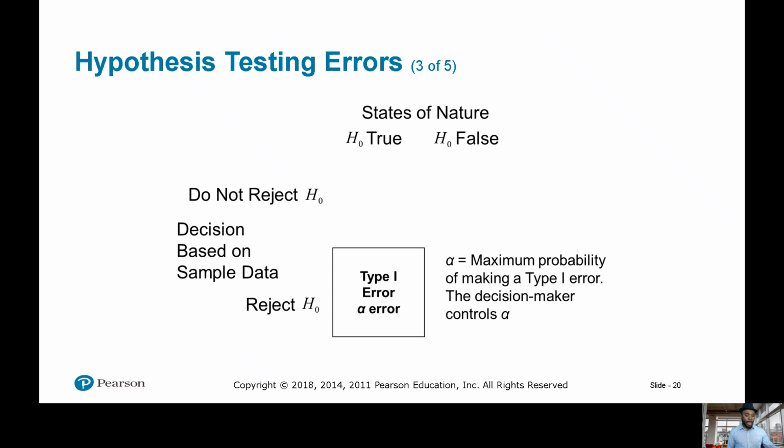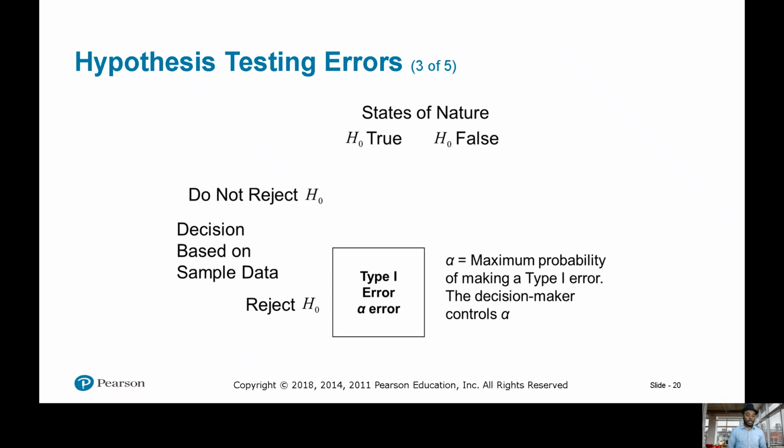For a type 1 error, we introduce alpha. Alpha is the maximum probability of making a type 1 error. So it's the amount of uncertainty that we want to introduce. Alpha is the probability of a type 1 error, rejecting the null hypothesis when the null is true.